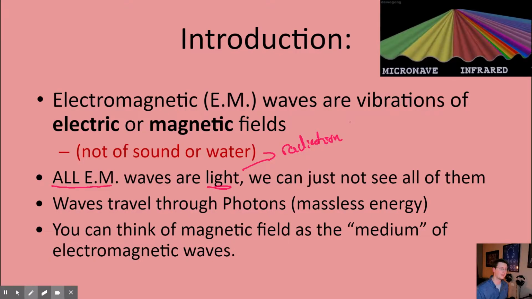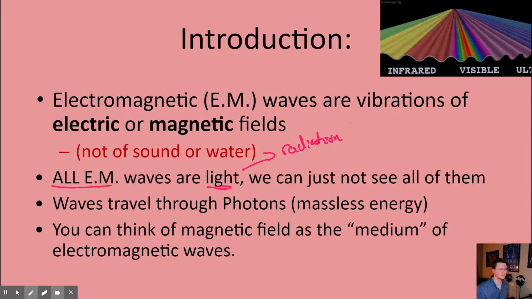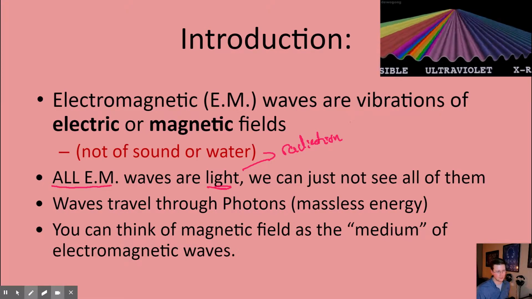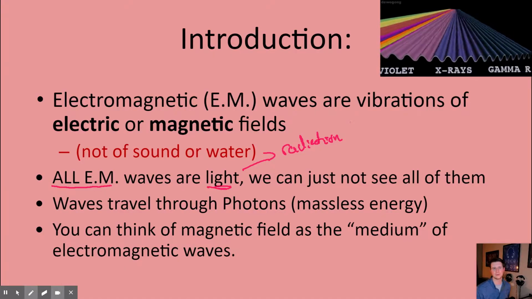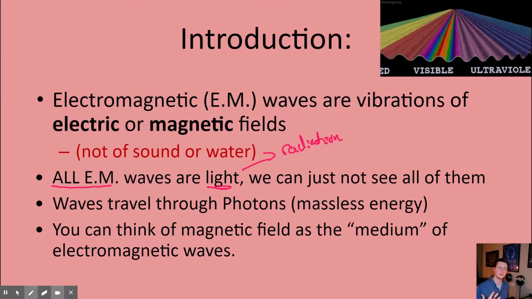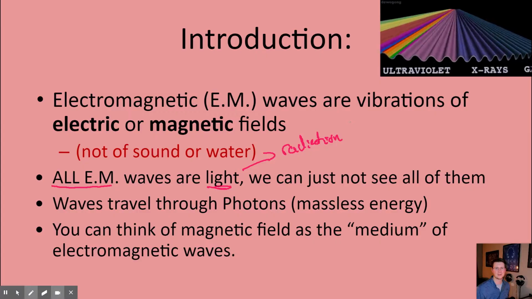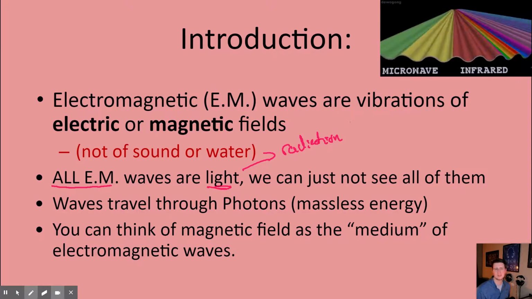You can think of the magnetic field kind of as the medium of the electromagnetic waves. Now, they don't require a medium when we say that, and of course, medium implies a physical substance for it to travel through. But just to wrap your head around it, if you think of those electromagnetic fields that we've spent time talking about, a magnetic field as kind of the medium that an EM wave travels on, that's fine too.